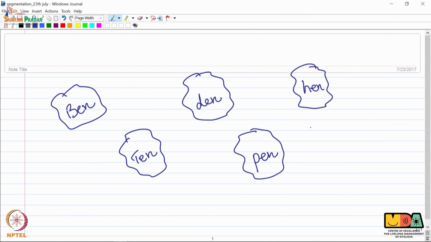Now, when you say the word ten, the child must focus and zero in on this word. Can he identify the word ten amongst all the other words? That would be a good auditory visual exercise.